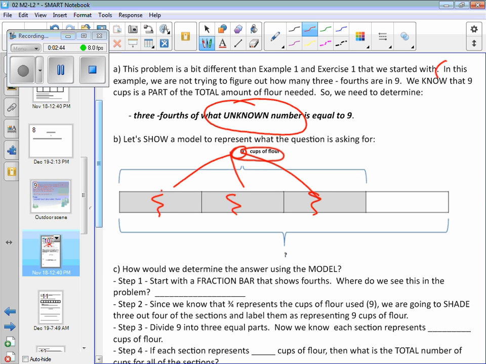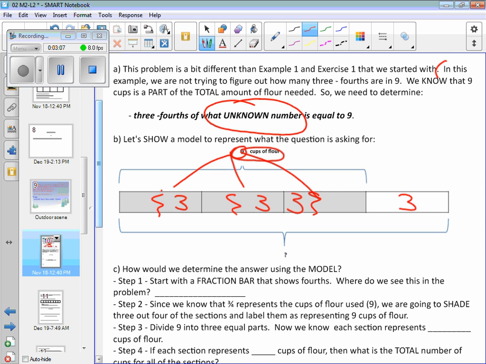What do you say? 3. How many see 3? All right, you got it. 3, 6, and 9. Once you have the value of that one piece, then even this piece here, which we haven't determined, has to be the same, because when you divide up a fraction bar, all the pieces are equal.